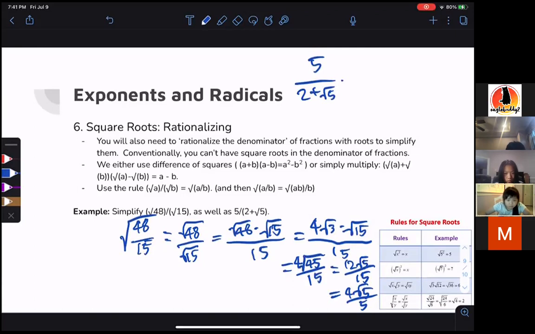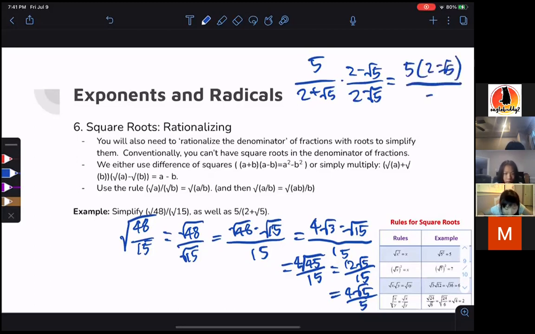And we get 10 minus 5 square root 5, then that over -1 equals, actually 10 minus 5 root 5, and then over -1, -10 plus 5 root 5 is the answer. Yeah, those are both right.